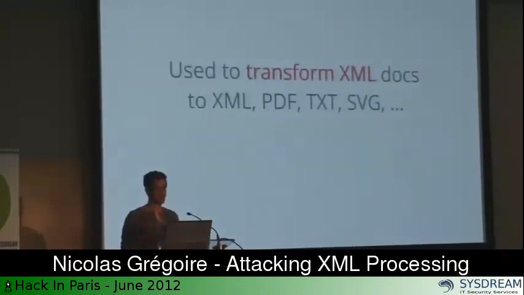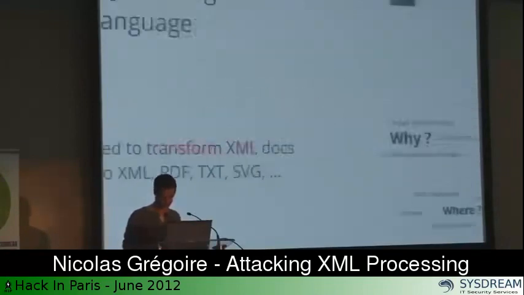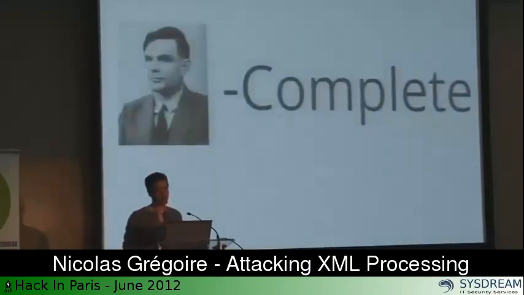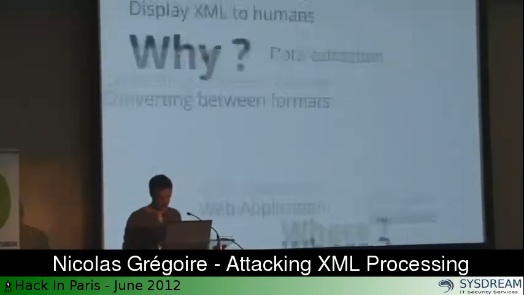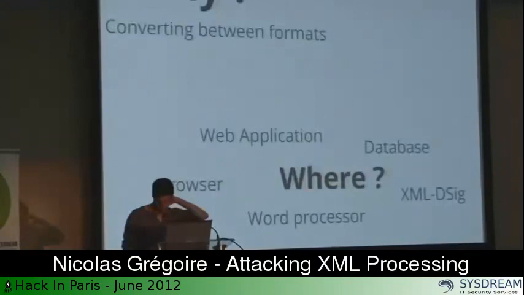It could be to XML, just to extract some data, or conversion to PDF, SVG, whatever. It's Turing complete, like PostScript, and it's used in a lot of contexts. For example, when you are converting documents in OpenOffice, it's done using XSLT, from OpenOffice to Microsoft Word, for example.